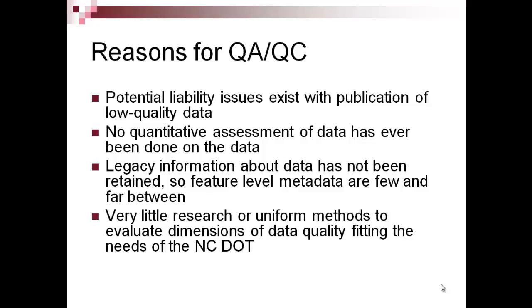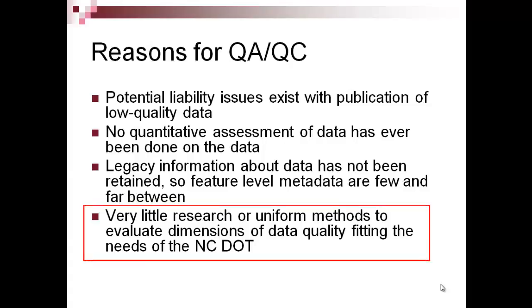In addition, there's been legacy information about the data that really hasn't been retained, so we don't have feature level metadata. If we do have it, it's really few and far between. And the most important thing to the DOT, there's been very little research or uniform methods to evaluate dimensions of data quality that fit their needs, because a lot of this data was created in the past, but it's also being created now with QC controls in place that make sure it has the correct attribution and lines up correctly in photo revision efforts.